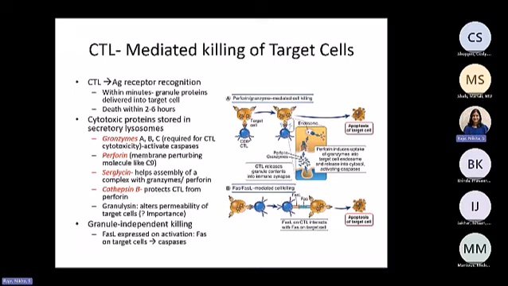Caspases, remember, are the pathway that is important for cell death. So granzymes activate caspases that lead to cell death. Apart from granzymes, there are some other proteins needed for the cytotoxicity of these cells, including perforin, serglycin, and cathepsin B.